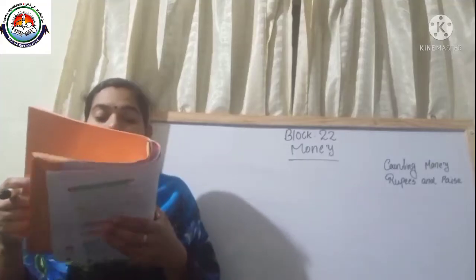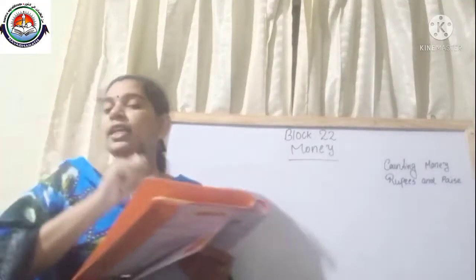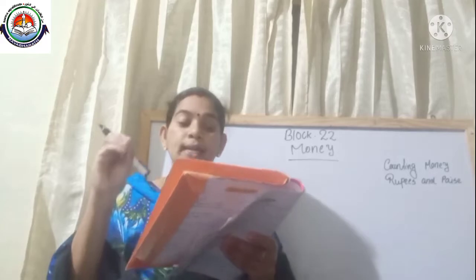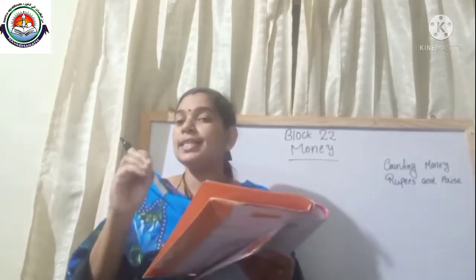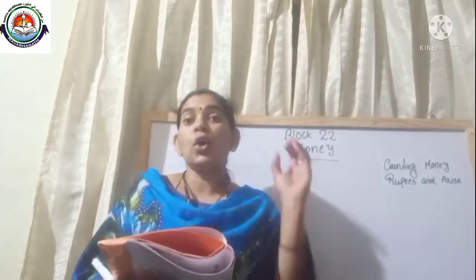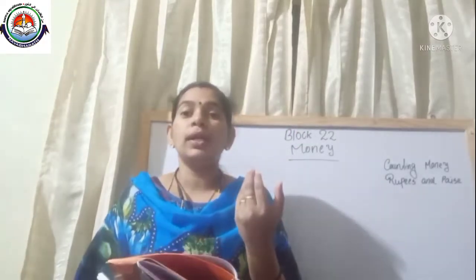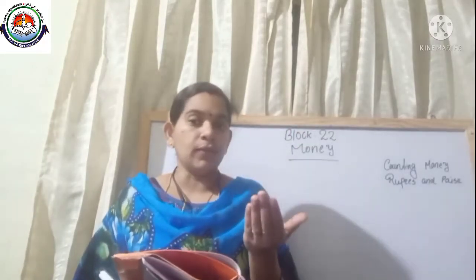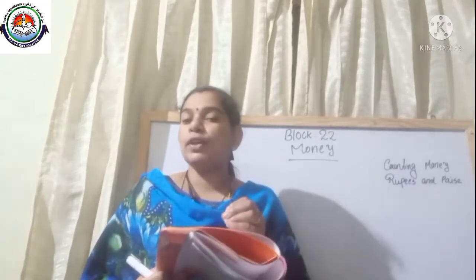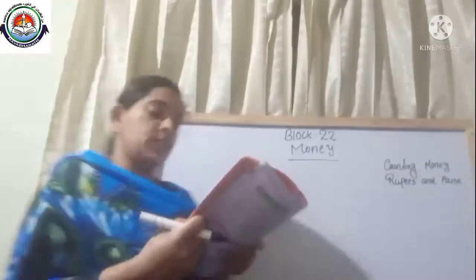Find the total cost of each set of items. So cost means total amount. How much amount we have to give, that is cost. Okay. So you want to find the total cost. Write the question first.